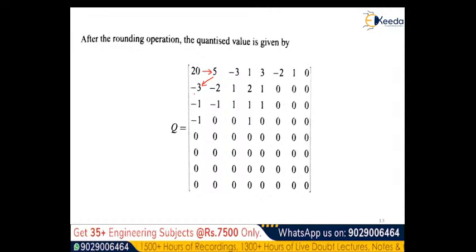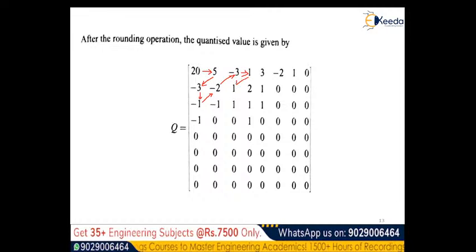After this minus 3 we go into the same column to the next value, minus 1, and from this minus 1 we go back to the previous row with the second element, minus 2. Then in the previous row, the next element that has not been recorded is minus 3. After this minus 3 we don't have any previous row, so we go to the next element in the same row, which is 1.